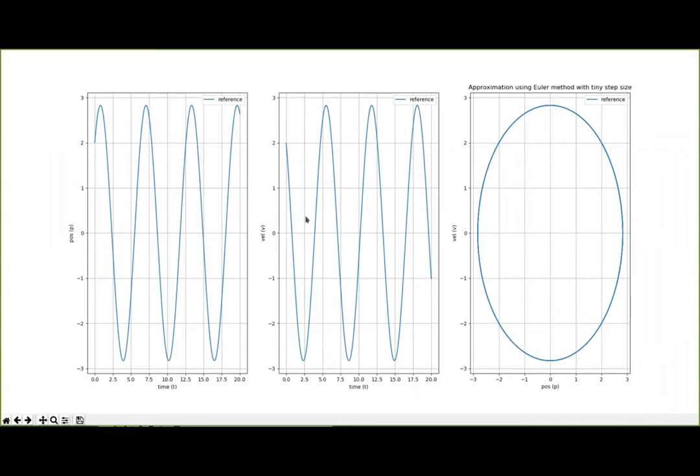What we can tell from this picture is that as we plot the solution in the position velocity space, we see that all the configurations that the harmonic oscillator assumes at any time are constrained to a circle. The circle starts at position 2, 2, and then evolves in clockwise order.